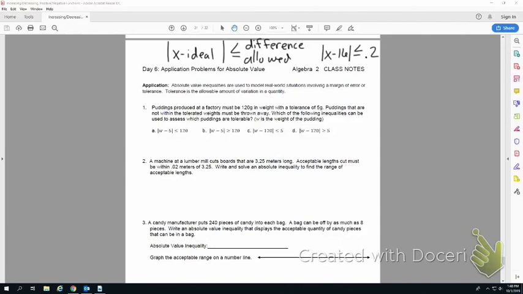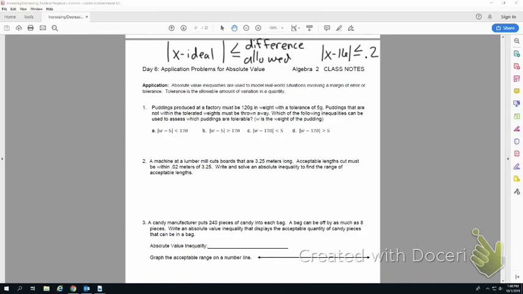Now, a lot of times you can step back from these problems, probably these problems more than most application problems we're going to see this year, and you can probably solve that by just using common sense. So, the ideal weight is 16 ounces. They allow a 0.2 ounce difference on either side. So what is the heaviest box of cereal that they're going to make? 16.2.